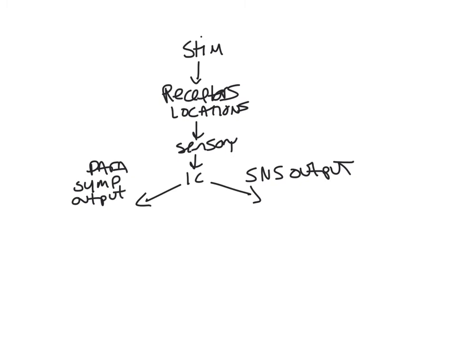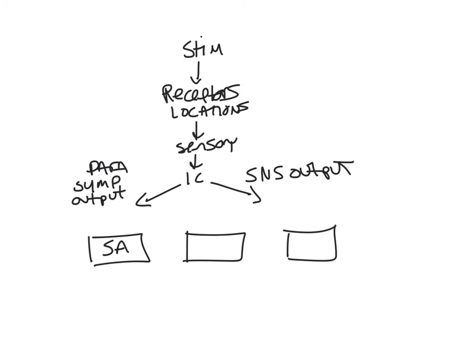And you have 3 possible effectors: your SA node, your left ventricular myocardium, and your arterial smooth muscle. I'm abbreviating here; obviously you would write these words out. Remember that the parasympathetic nerve goes only to the SA node, while the sympathetic nerve goes to all 3.